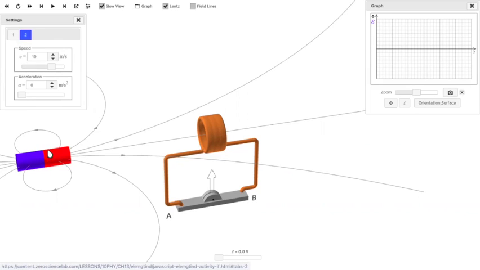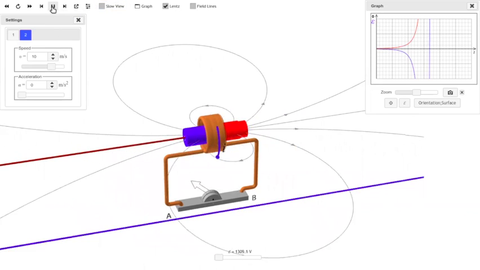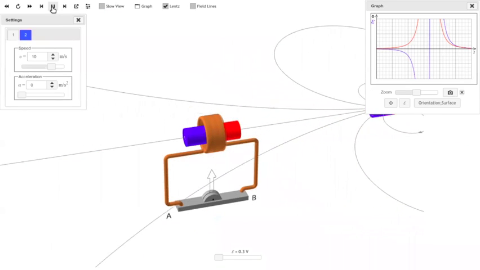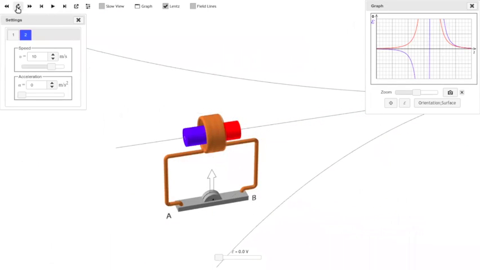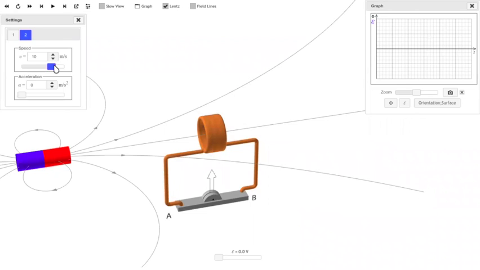If I increase the speed of this magnet, right? Yes, sir. Now I show you. Now I remove that slow motion. First of all, I check with this one. This is the real time, right? Yes, sir. Okay, now I reset. I increase the speed now, the speed of the magnet.